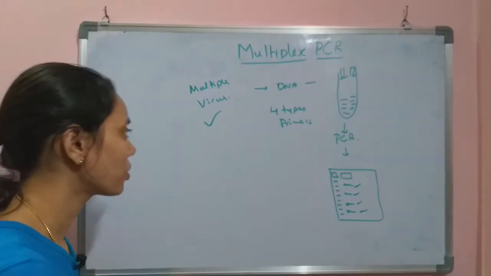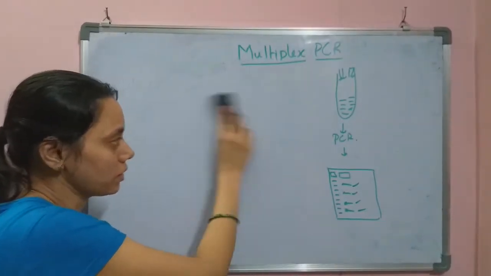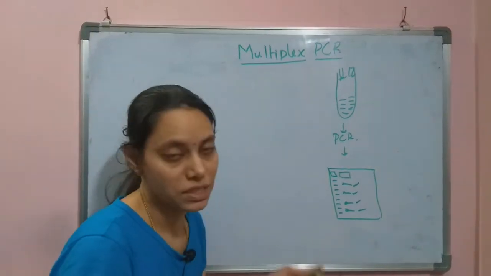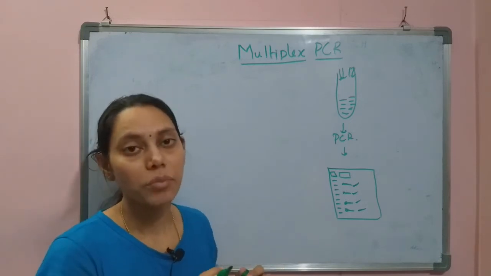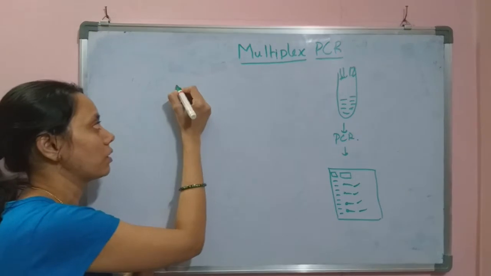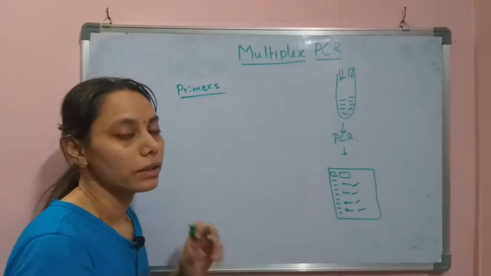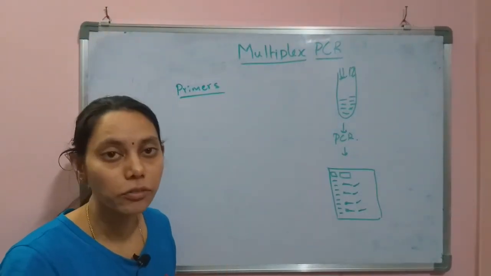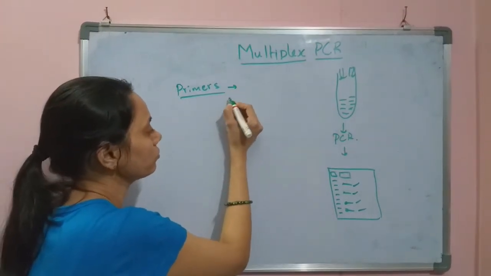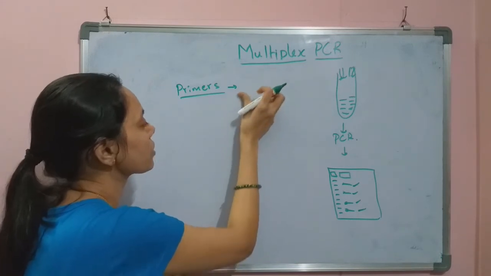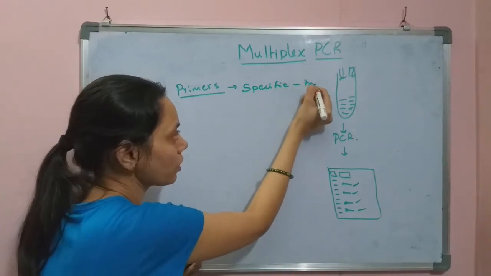What are the things we need to keep in mind while going for multiplex PCR? First we need to think about the primers. Primer designing is key for multiplex PCR because we are using many primers instead of one type of primer. These primers need to be very specific to the targets.